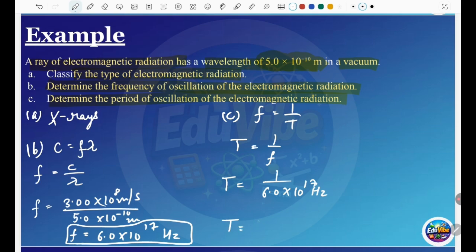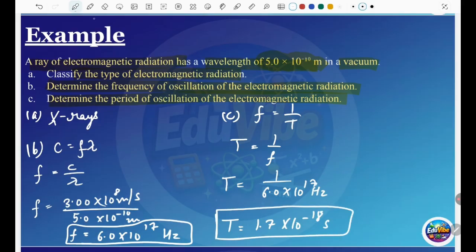So we get 1.7 times 10 raised to power minus 18, to two digits. And this should be in seconds, because period and time are both in seconds. So you get the frequency, you get the period, and you also get the type of electromagnetic radiation from the spectrum. So that's the question you had from this. You use the same formulas we used in the previous lesson.